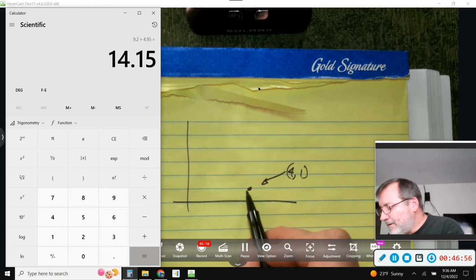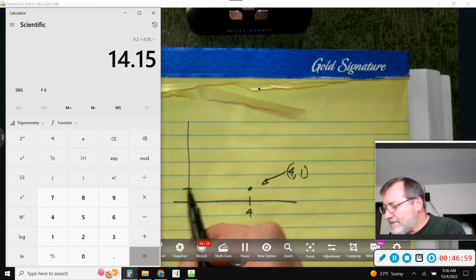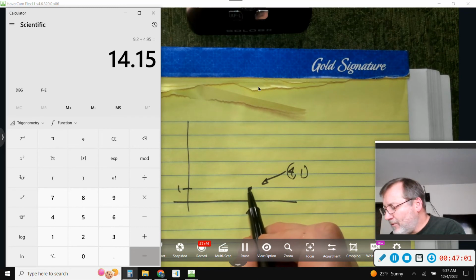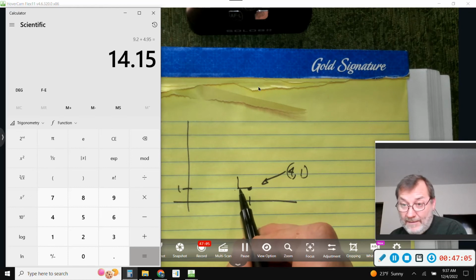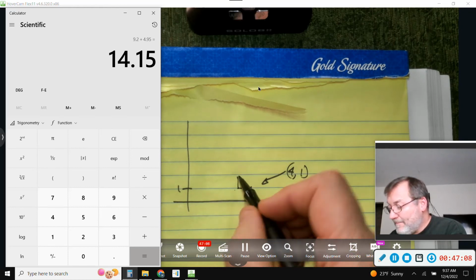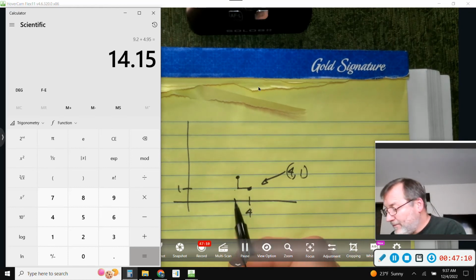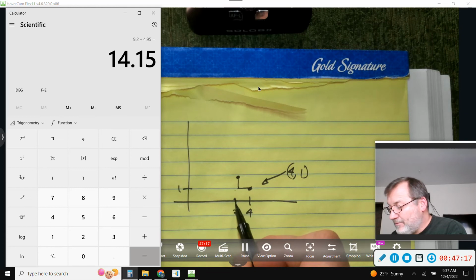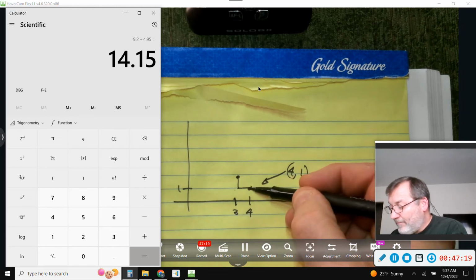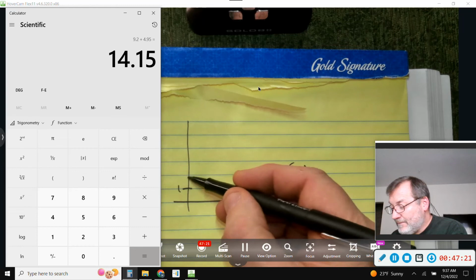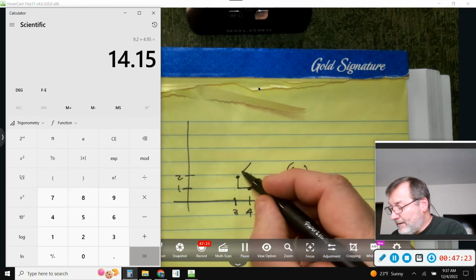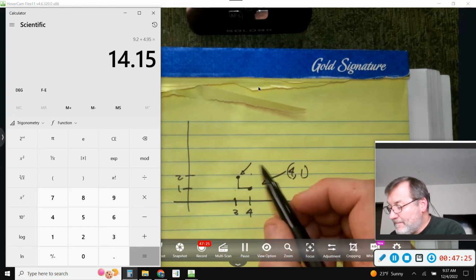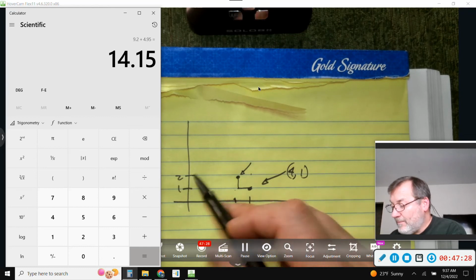If I go to the left and up 1, what's this point? I went from 4 down 1 to the number 3, and up from 1, so that point is 3, 2.